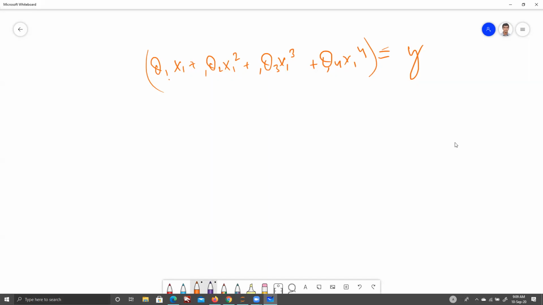Good point. Let's say my performance. So there are three features: age, number of years in the company, and my performance rating for last year. X1 is age, X2 is number of years, X3 is my performance. So X1, then X1 square is my age squared, then age cube, then age to the power 4.